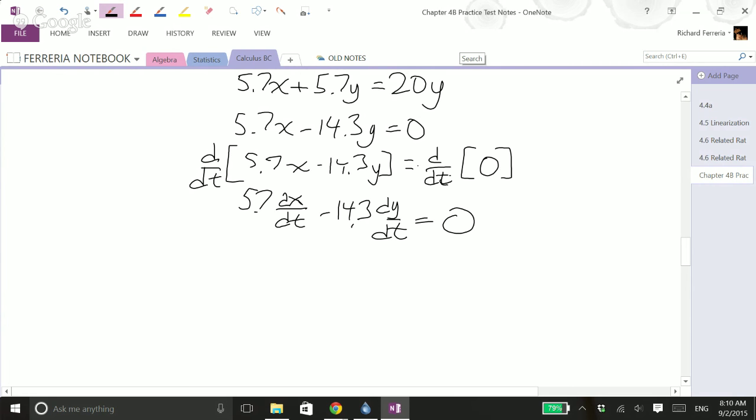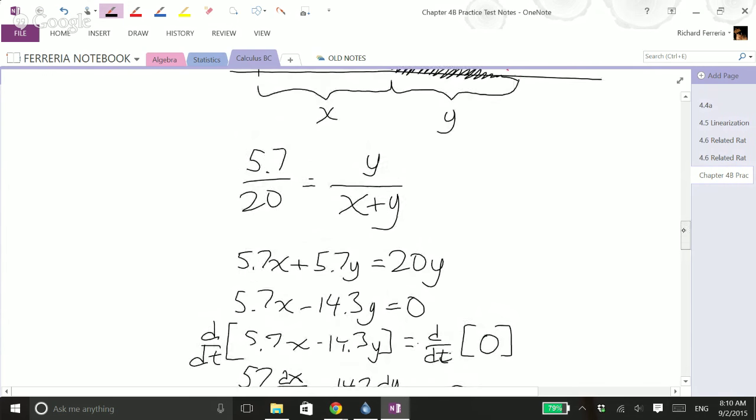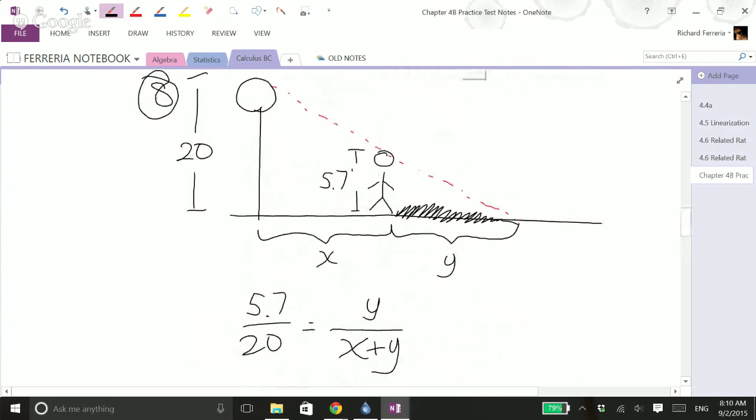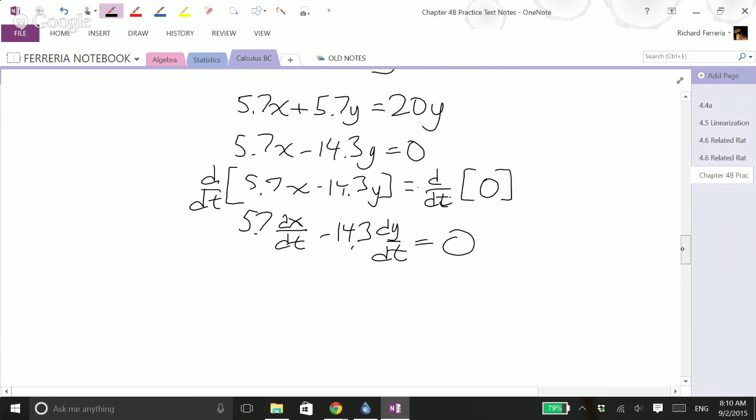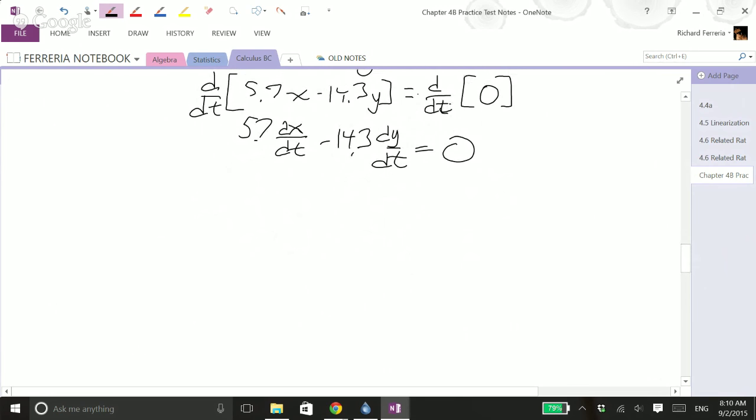Okay, so I don't remember what the diagram looks like. Do we know dx dt or dy dt? You know dx dt. She's moving toward the light at a rate of 5, right? Now, this isn't going to matter a whole lot in terms of the answer, but I like putting it in there because it really needs to be like this.